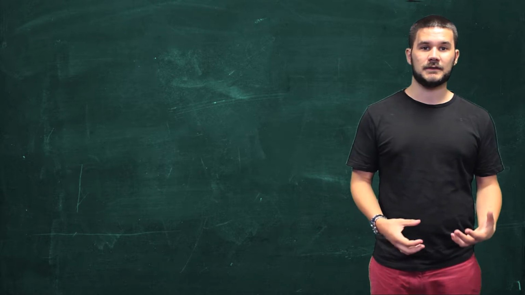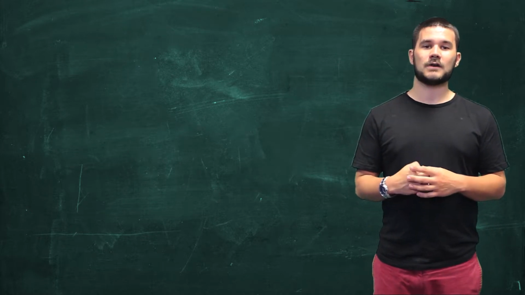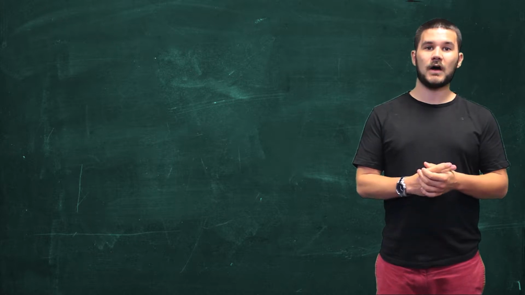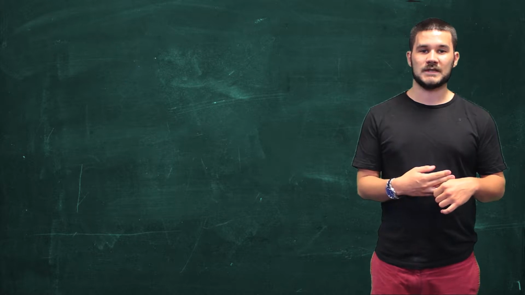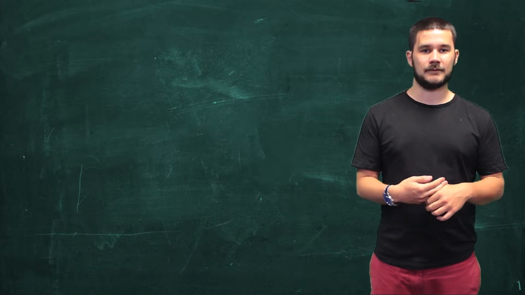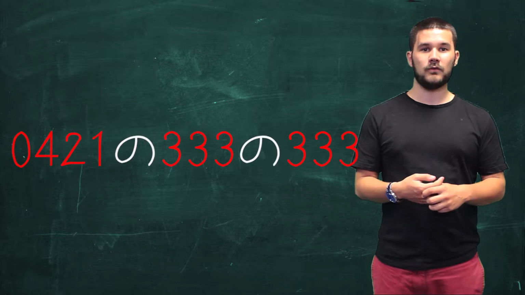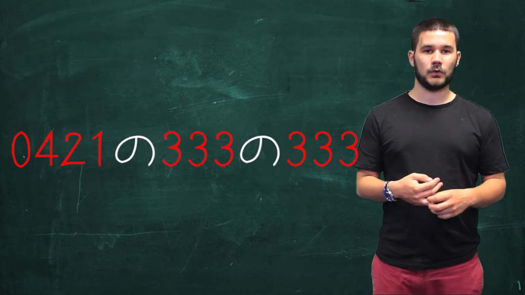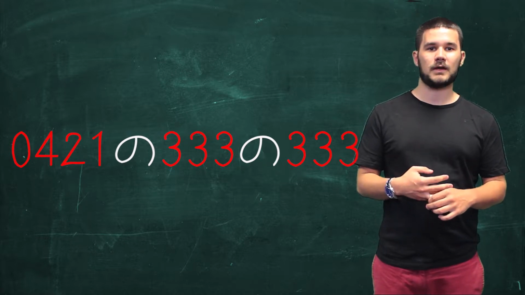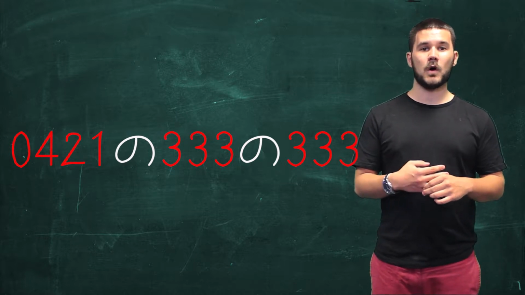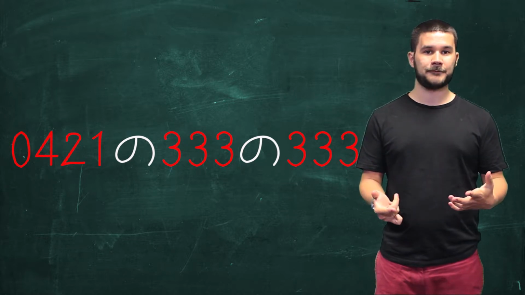When we're giving numbers in English, we often have that pause. 9607, pause, 5038. So when we have that pause in Japanese, we say no instead. If you're giving a mobile, you might start off with 0421, no, 333, no, 333. So you're putting the no where you would usually pause when giving somebody your own phone number.